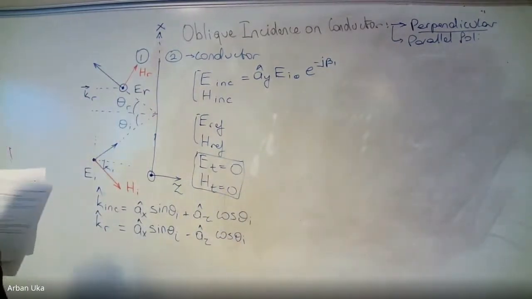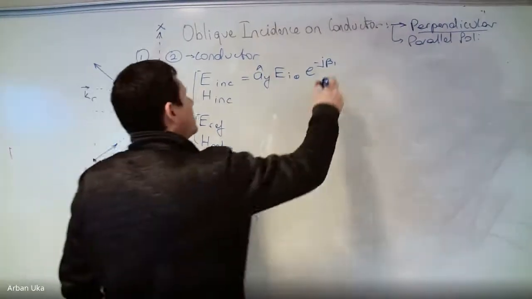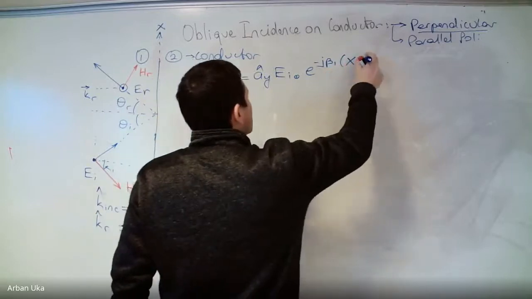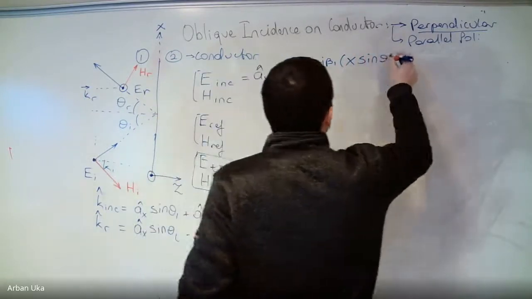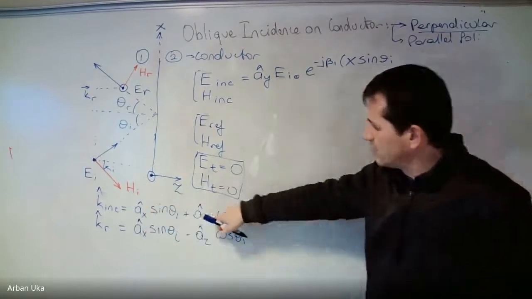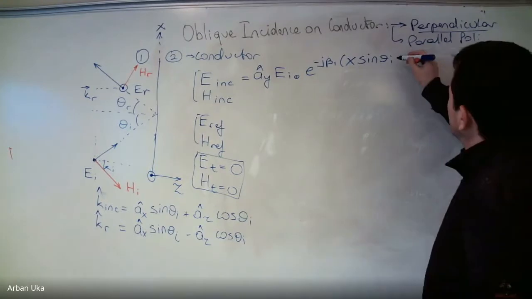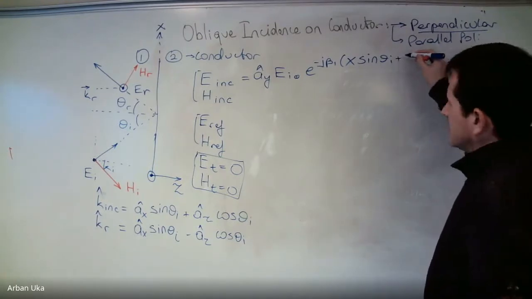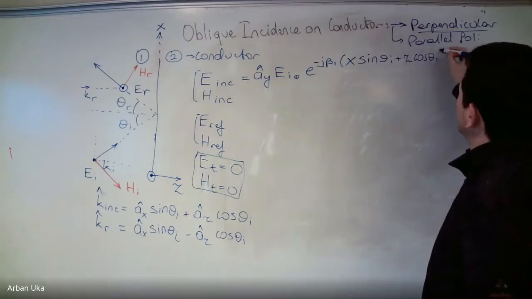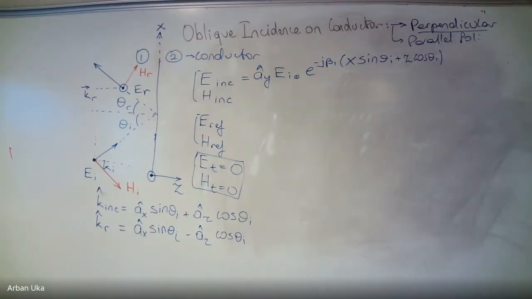So here we have beta 1, and we have to include x sine theta I. This term comes in the propagator, so we extract it from here: x sine theta I plus z cosine theta I. So this is the incident electric field vector.